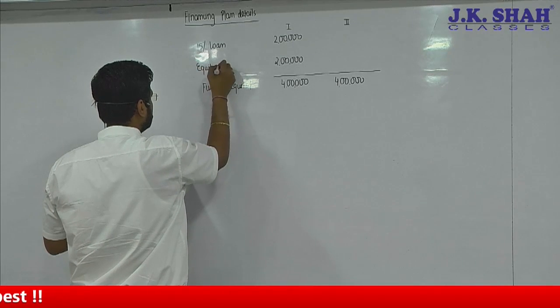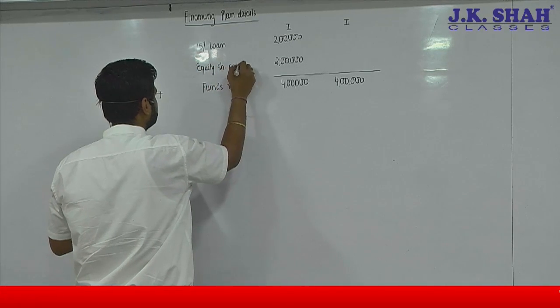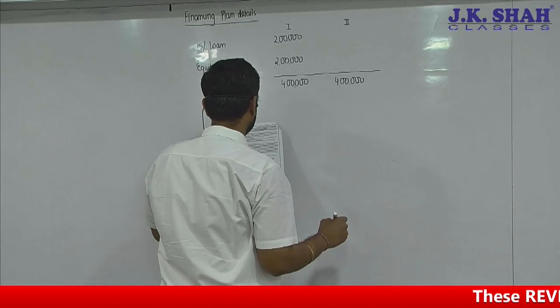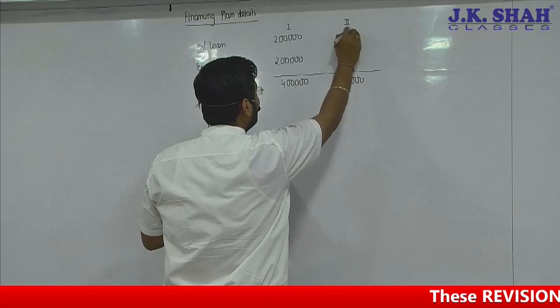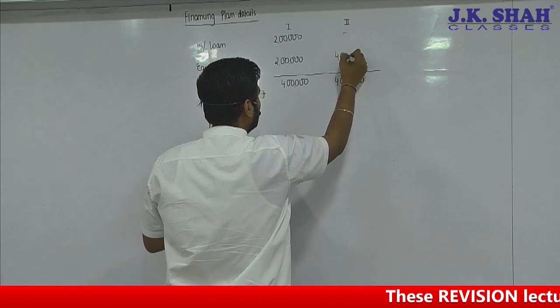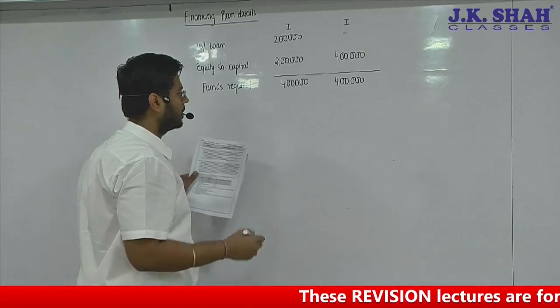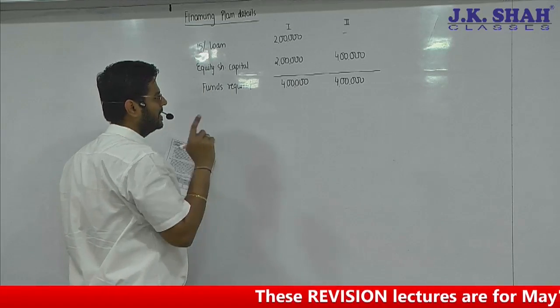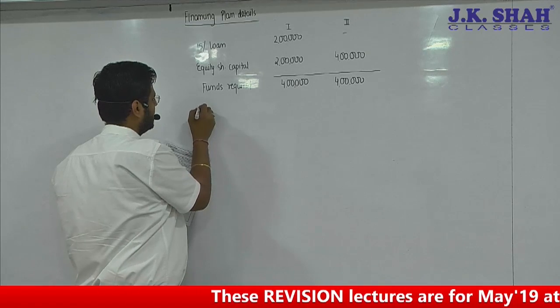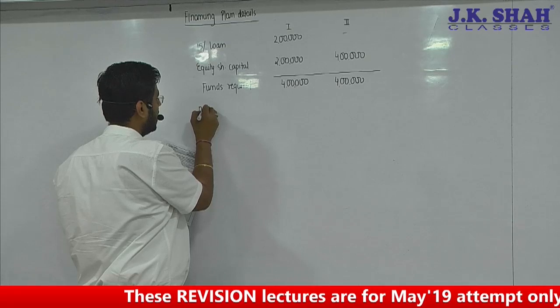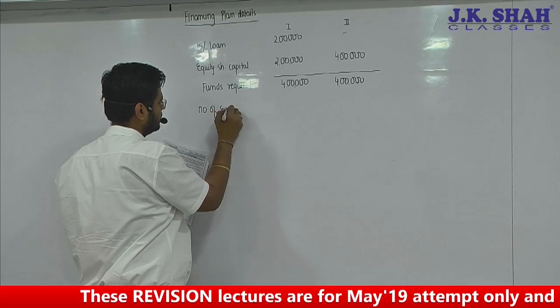So we have equity share capital. Whereas in the next case, if you notice, no loan will be taken, and the entire 4 lakh will be raised by issuing equity shares. That's it, that is one. Now second, we need to take into consideration the number of equity shares.